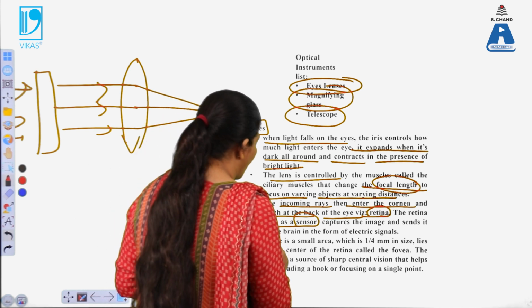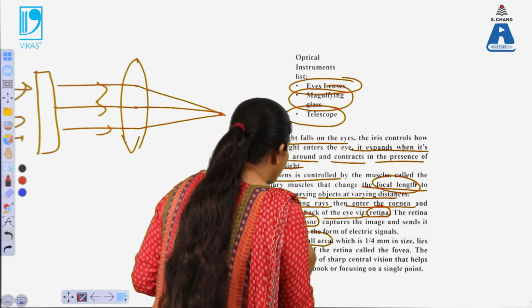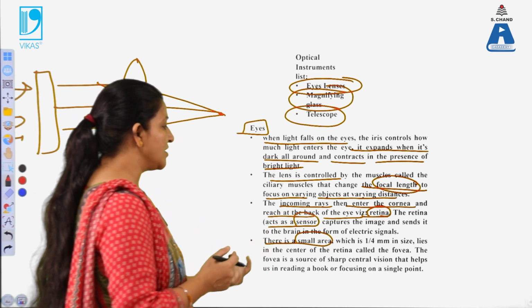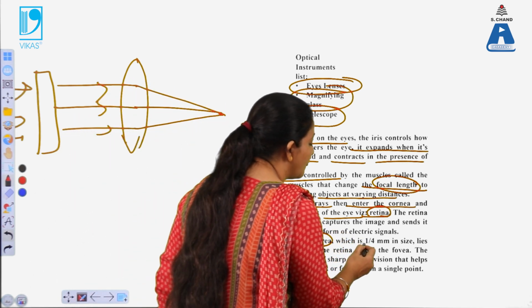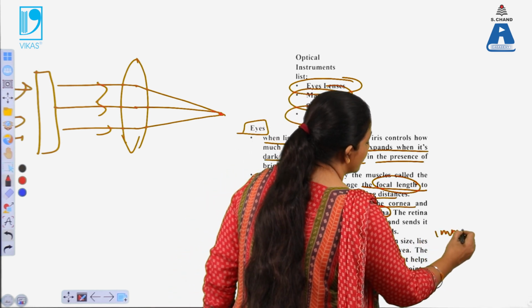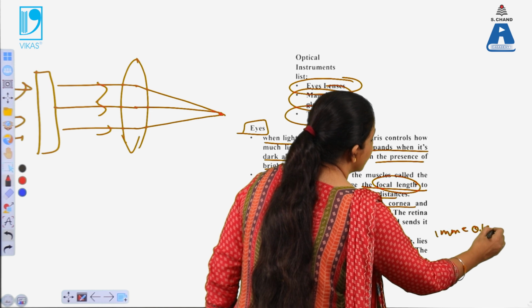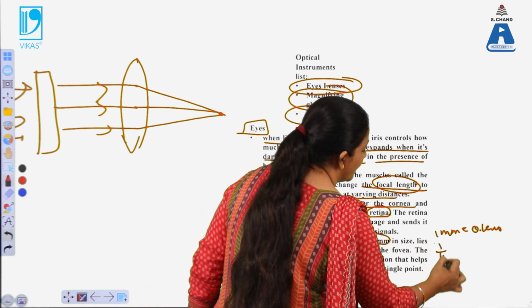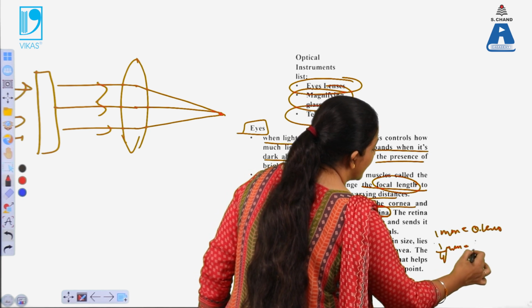Now we know that this area must be very small, behind our eye. Its length is 1/4 of a mm in size. We know that 1 mm equals 0.1 centimeter, and its size is 1/4 of the mm, so it is very small.